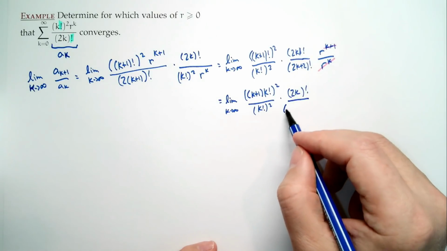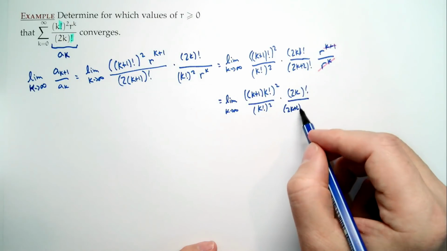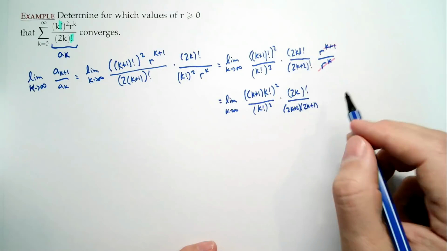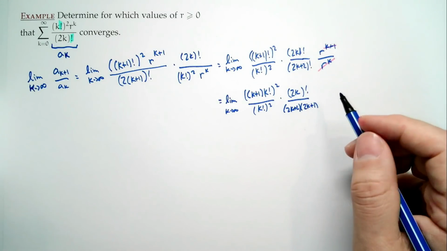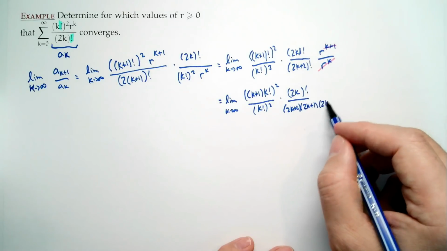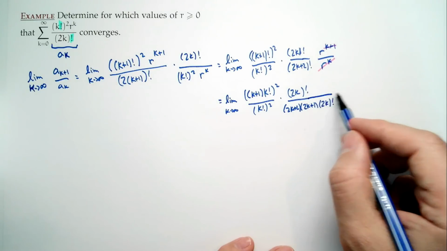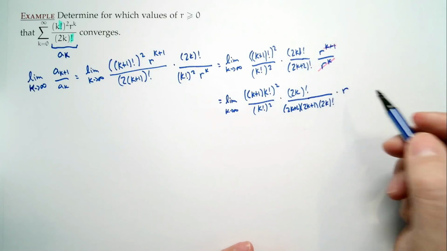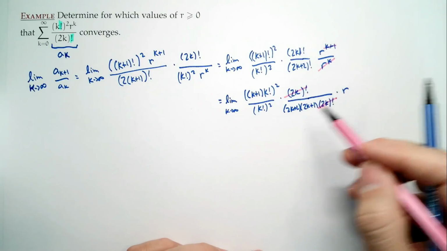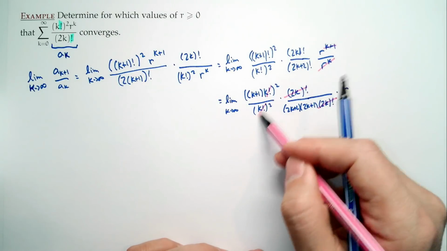Downstairs, we're going to keep pulling terms off. Well, not very long. We're going to pull off 2 terms. The plus 2 is the clue that it's plus 2, the 2 terms that we pull off. 2k plus 2 times 2k plus 1 times, then what's left is a 2k factorial, and then the last term is the r. The 2k factorials cancel, the k factorial squareds cancel.